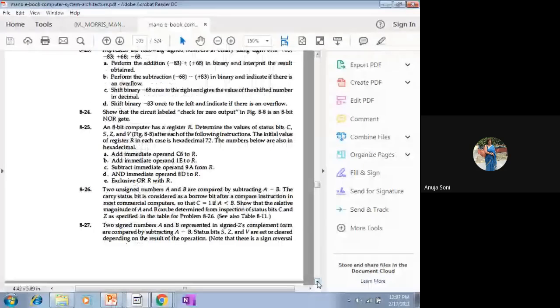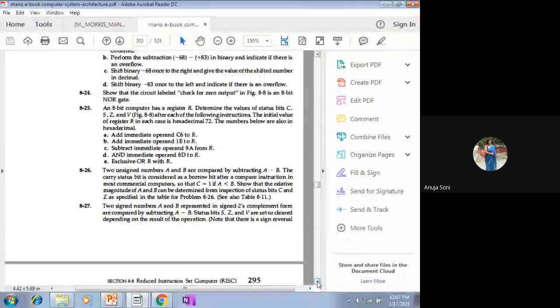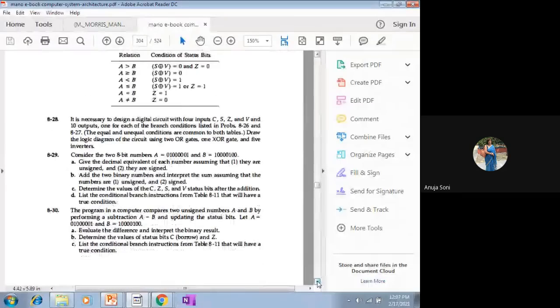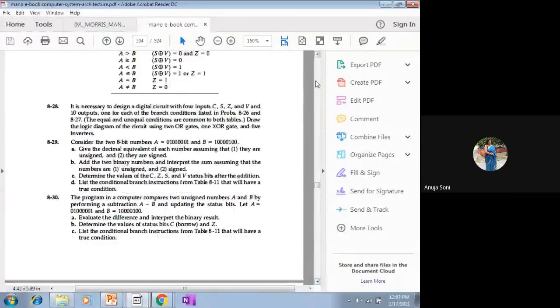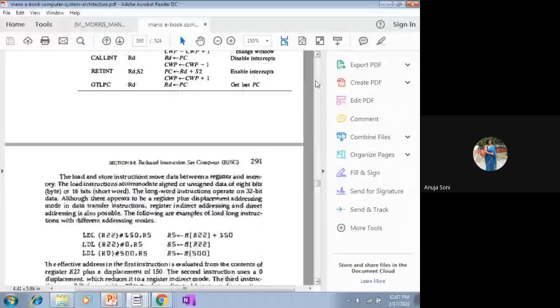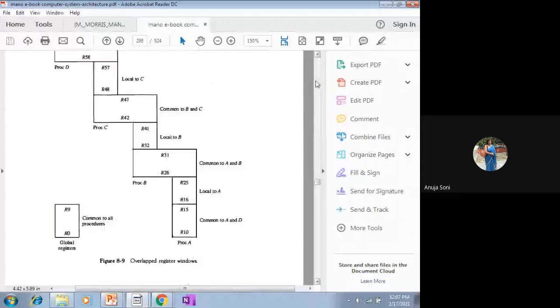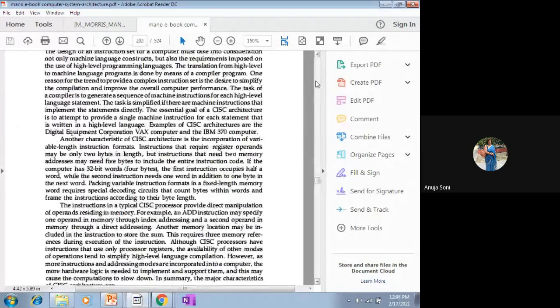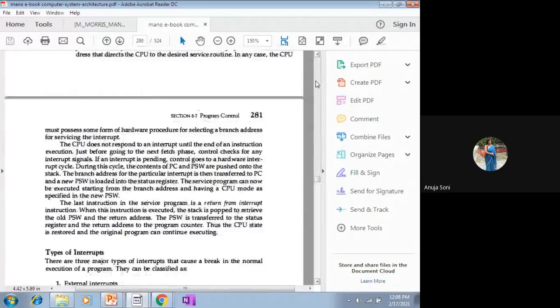And then afterwards, these questions, and other than these questions, you will have to add one more question that I will give you in the form of an assignment today. That is based on section 8.4. What is section 8.4?